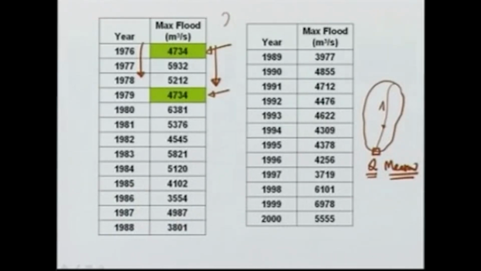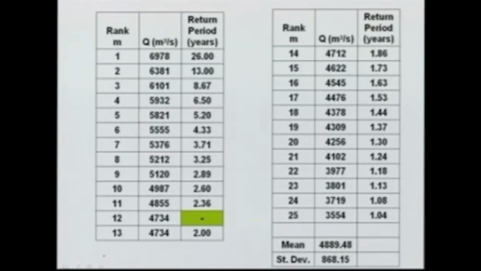So, this data which corresponds to a 25-year period from 1976 to 2000 can be arranged in decreasing order and given a rank. So, in this table we are showing the rank from 1 to 25. Q is arranged in the decreasing order, and here you will notice these two values 47, 34 are the same.